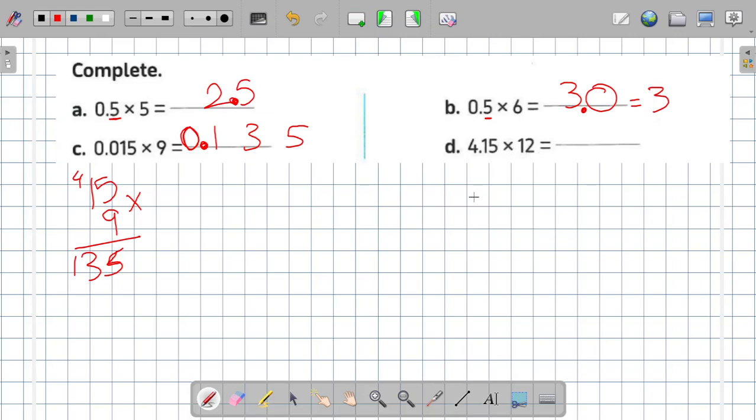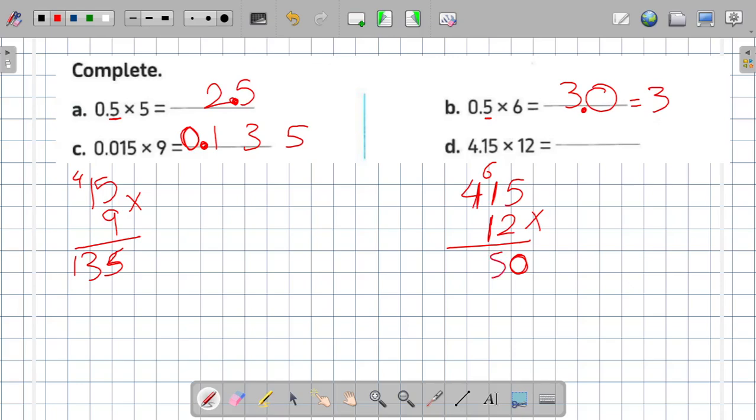Okay. Next, I want to multiply 4.15 times 12. So let's multiply without the decimal point. 415 times 12. Okay. So 12 times 5 equals 60. So I will put 0 here and carry up 6. 12 times 1 equals 12. 12 plus 6 equals 18.